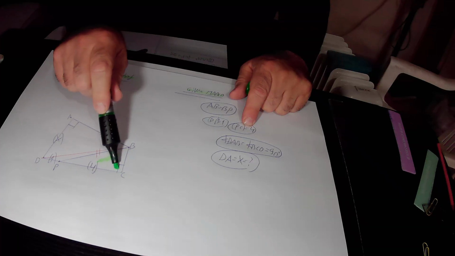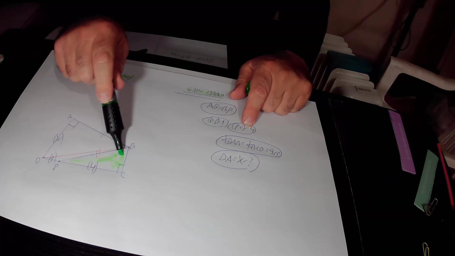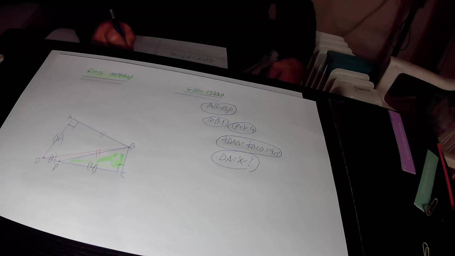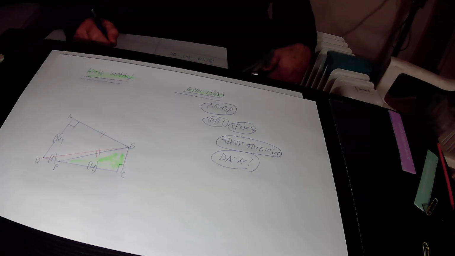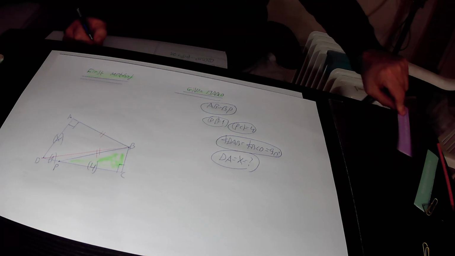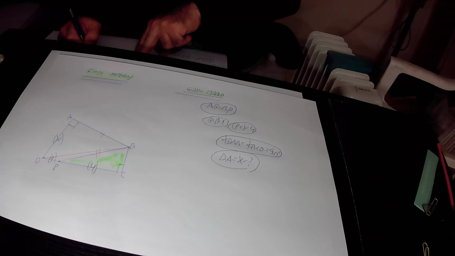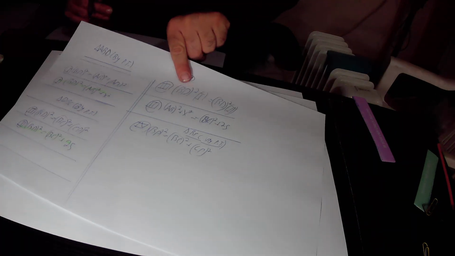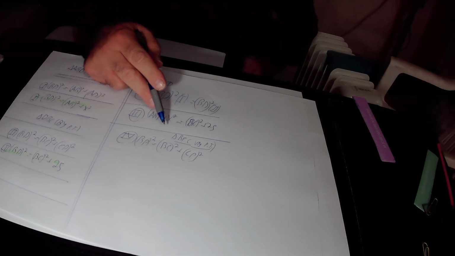According to the Pythagoras theorem, in this green right triangle BCP, BP squared, the square of the hypotenuse, equals BC squared plus CP squared. This is equation 4.